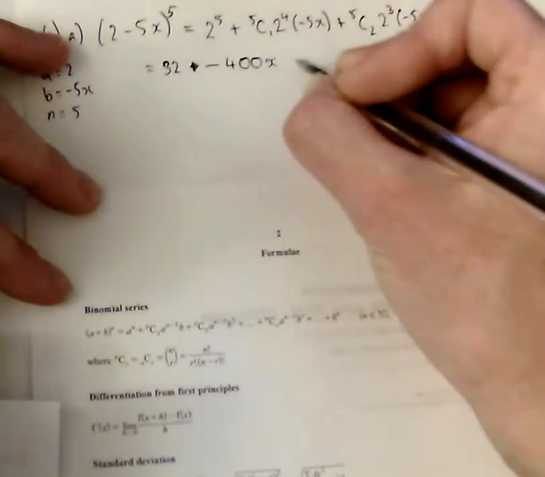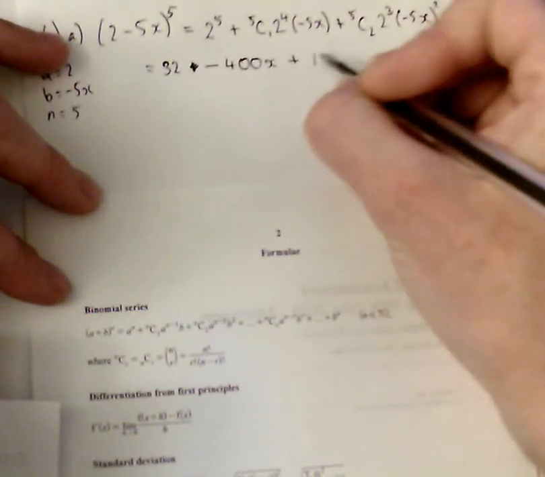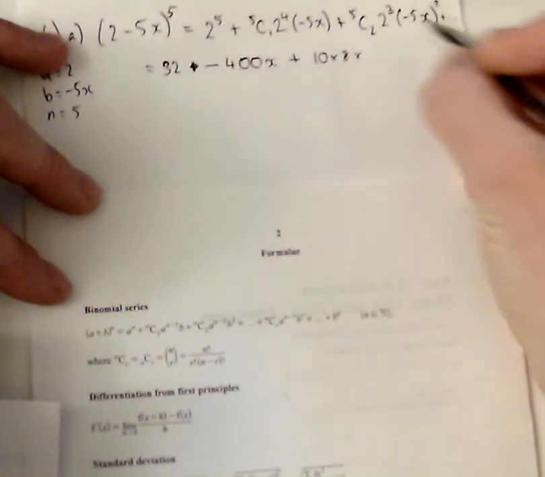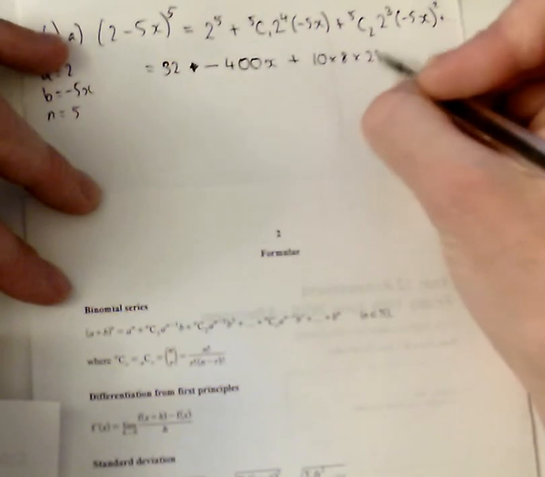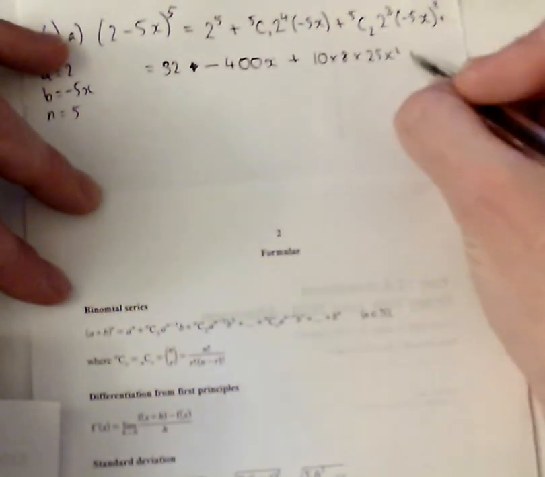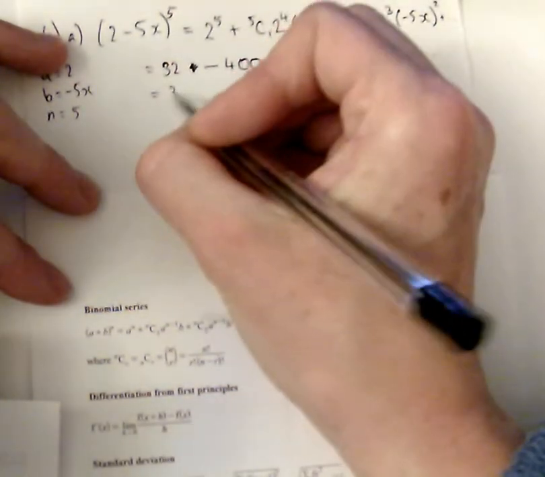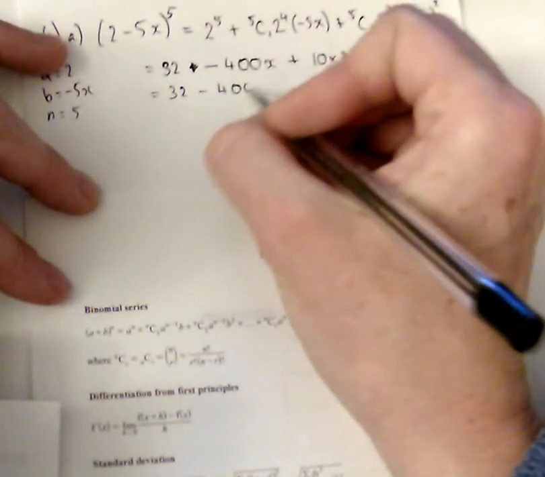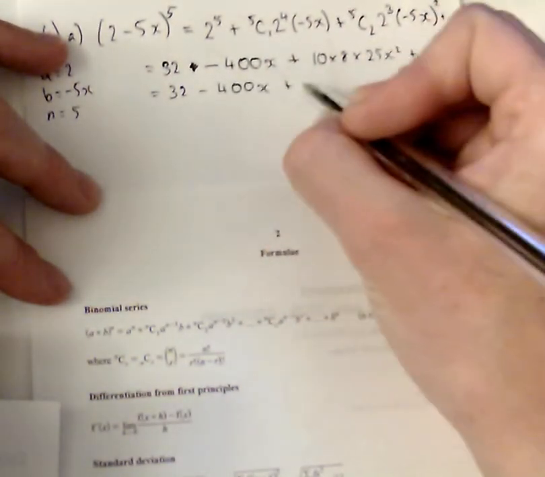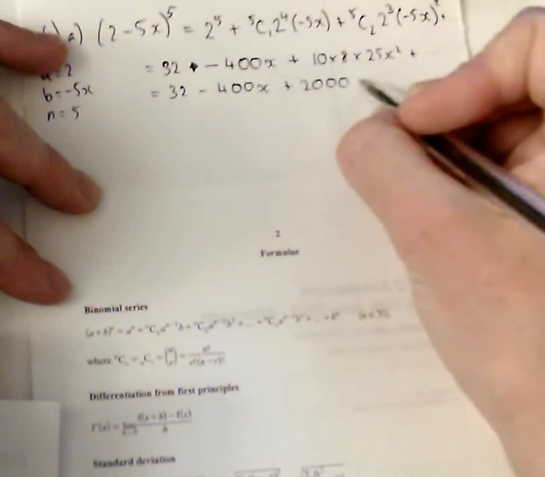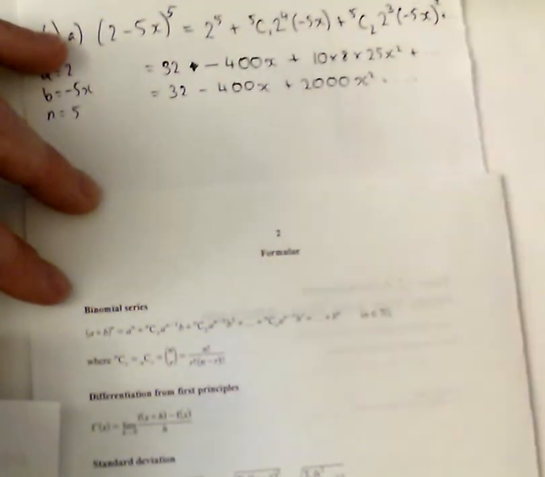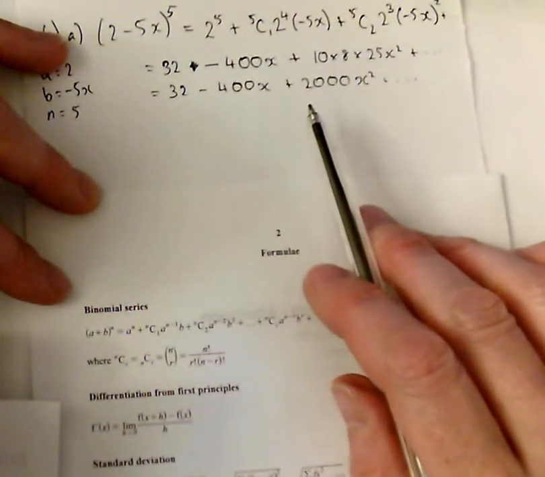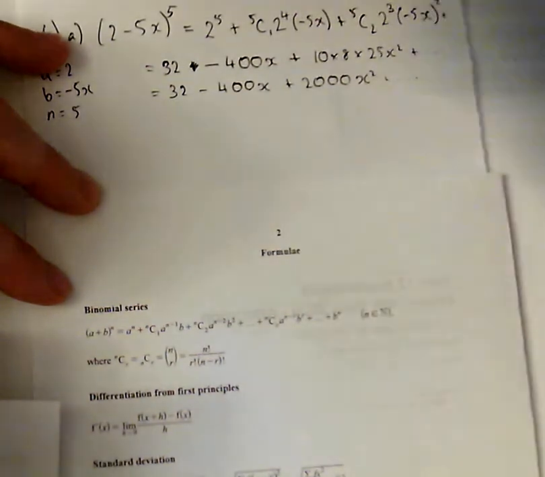So let's just be a bit more careful with this one. So we've got 10 times 8 times, this will be positive 25x squared. So we get 32, take away 400x, plus this turns out to be 2000x squared. So that's the first 3 terms of the binomial expansion.